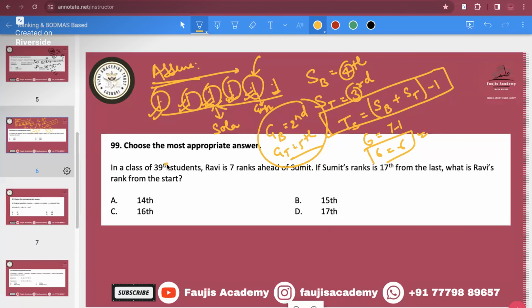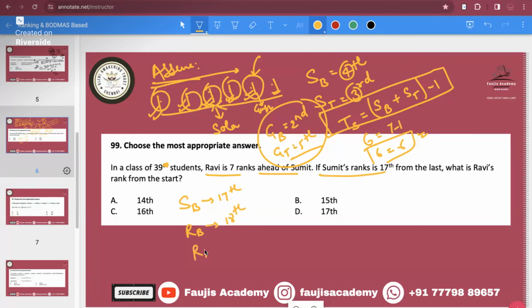In a class of 39 students, Ravi ranks 7 ranks ahead of Sumit. If Sumit's rank from bottom is 17th, had I said Ravi is 1 rank ahead of Sumit, then Ravi would have ranked 18th from bottom, no?